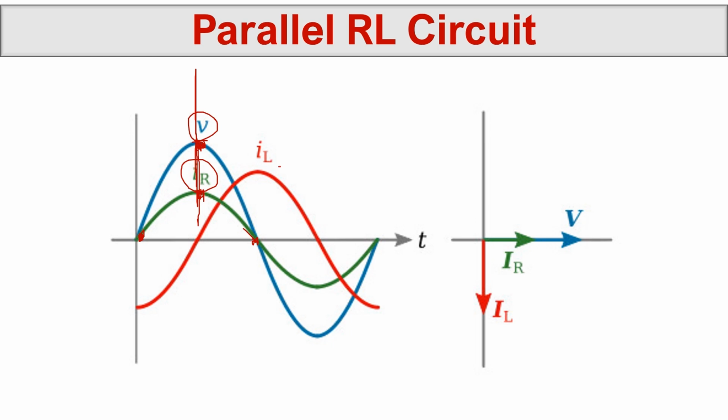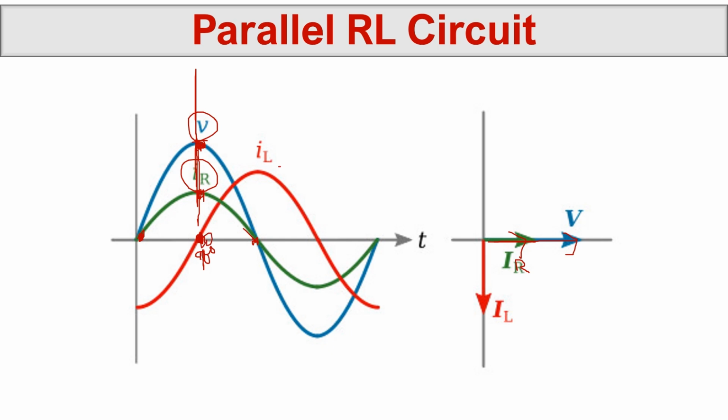But look at IL. IL started after, in the middle of the peak point. So it means 90 degrees. IL is in 90-degree phase shift. So how do we represent the vector diagram? We put I here. I and V are in phase, IR and V are in phase, but IL is lagging because it's late.